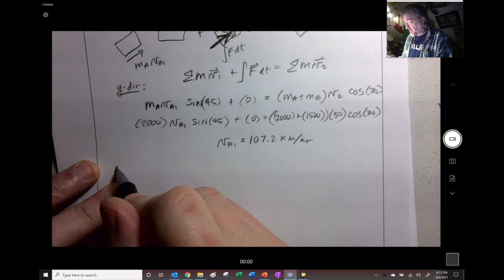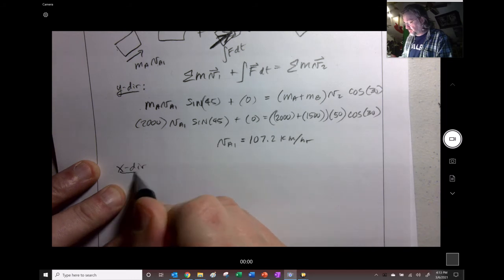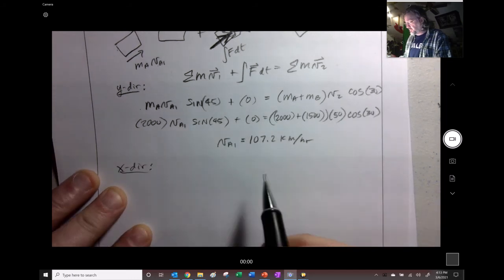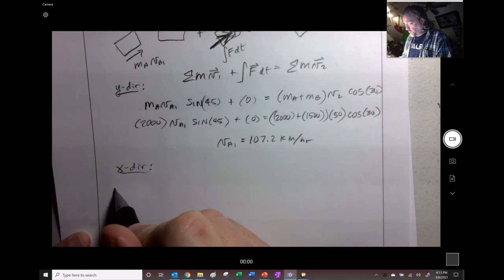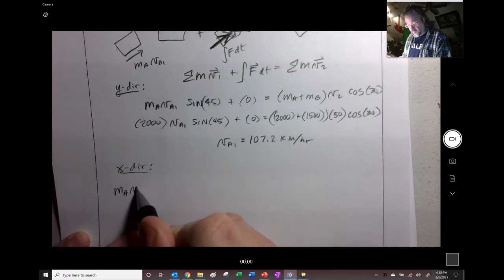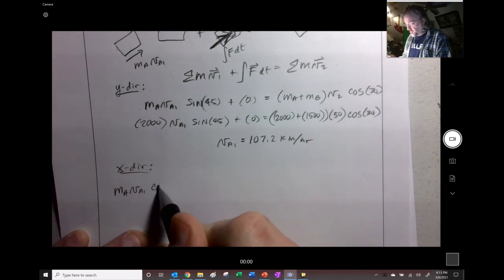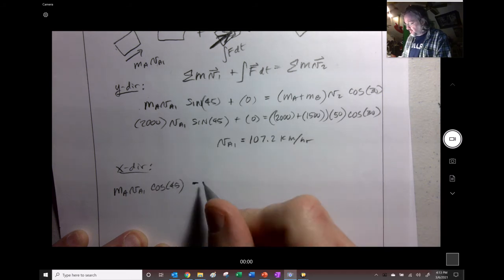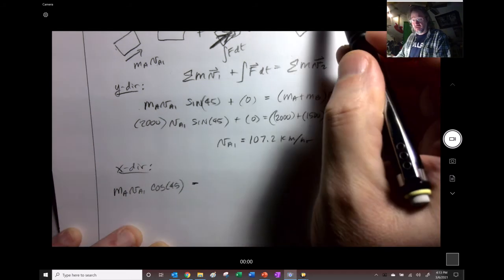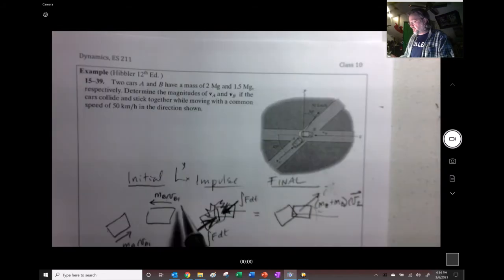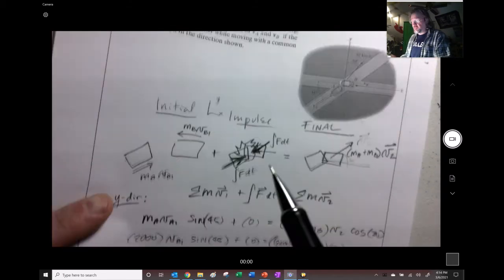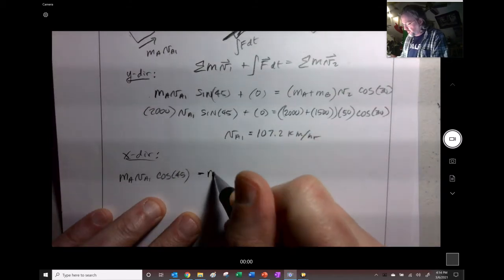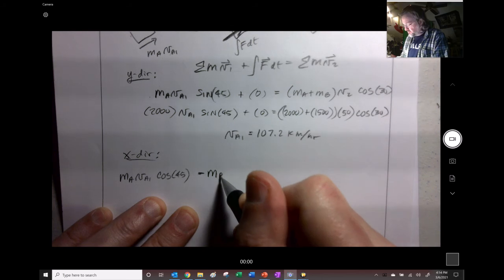Now if we go into the x direction of this thing, we'll get MA VA1 times the cosine of 45, and then minus, because the other guy is traveling in the negative x direction, so you got to be careful to make sure we get these signs right.